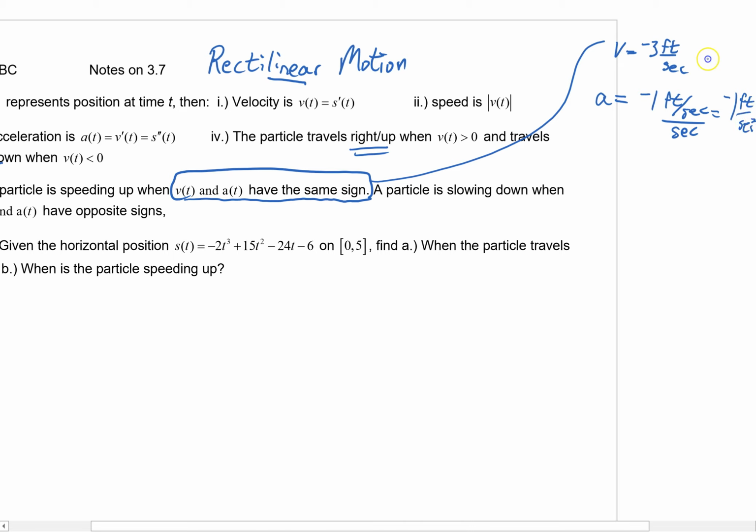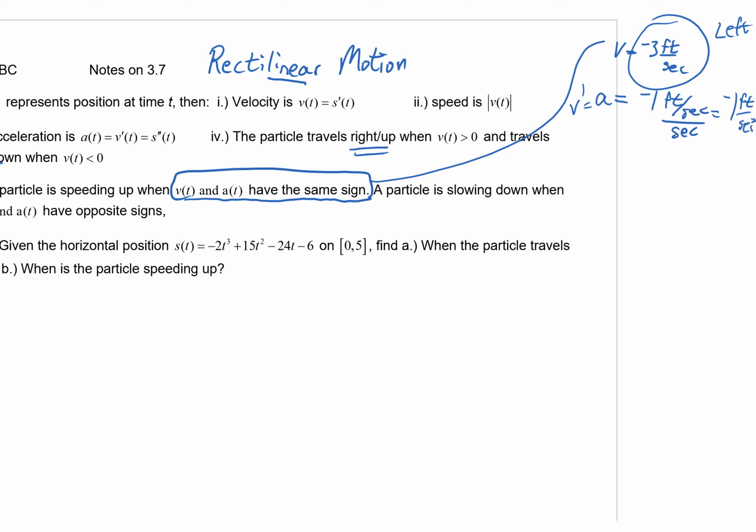And sometimes kids look at this and they'll say, you're telling me that you're speeding up. Yes. Look, this right here, -3 feet per second, that means that you're traveling to the left. Imagine that you're traveling to the left 3 feet per second. But how are we changing with our velocity? That's what a derivative really is. It's a rate of change. How velocity is changing with respect to time.